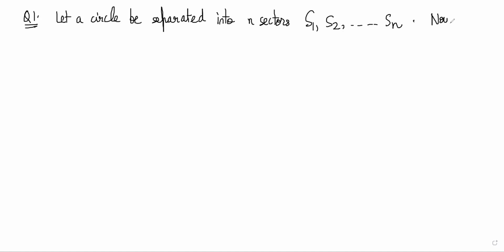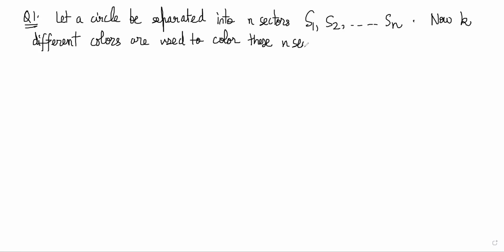Now, k different colors are used to color these n sectors, and we can assume that n is greater than or equal to 3 and k is also greater than or equal to 3.